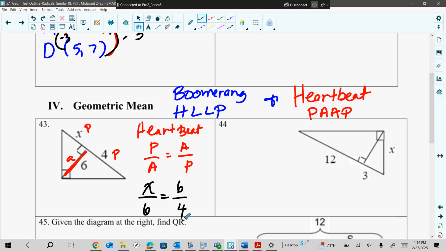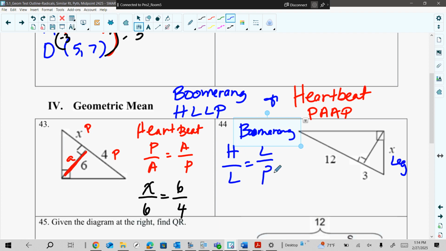Now, on number 44, because the x is the leg, it's not inside, everything's outside, this should be boomerang, which is hypotenuse over leg equals leg over part. The hypotenuse is the hypotenuse of the whole triangle.